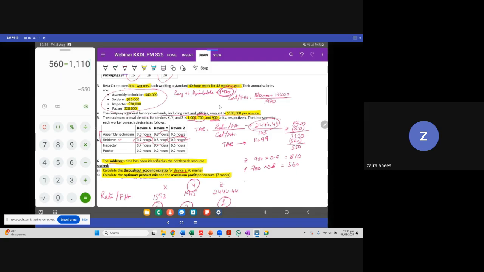Now for X, it's 1000 times 0.7. 700, of course, we cannot manufacture, we don't have 700, we just have 550 hours left. So 550 divided by 0.7 is 785. So this is actually the production plan which will maximize your profit, right?